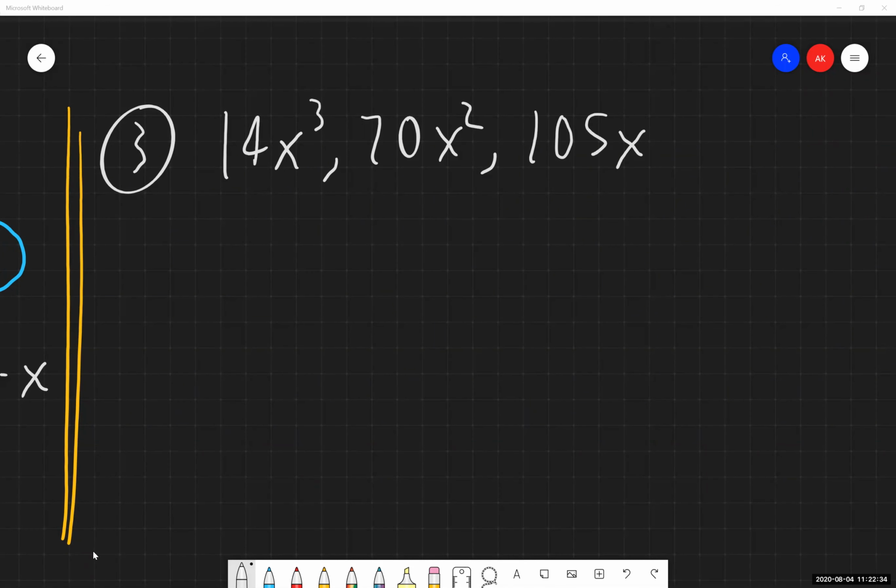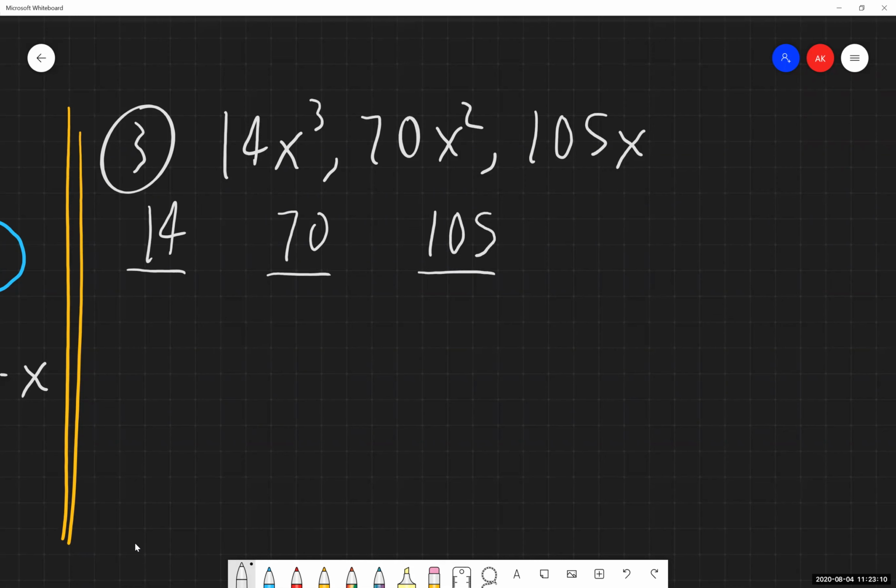So finding the greatest common factor between 14x cubed, 70x squared, and 105x. So the way we're going to go about doing this, again, we want to find what is the greatest common factor between the numbers and then the x's. So again, greatest common factor, I'm going to list the factors of each of the numbers given to me. I'm trying to find the largest one that they all have in common.